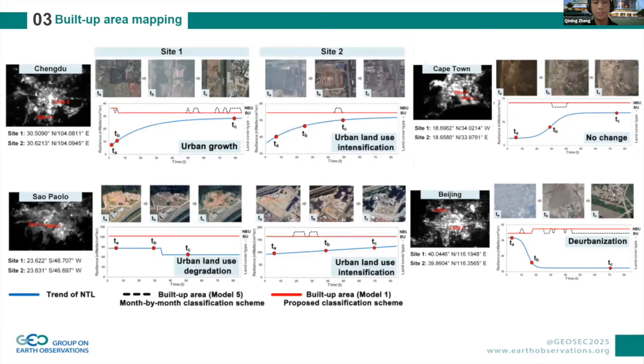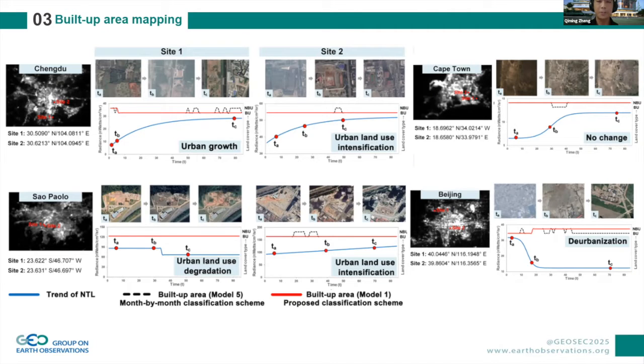So here I present a close inspection of the results. Let's look at the upper middle panel. This is a typical example of urban land use intensification. As we can see from the blue curve, throughout the study period, the nighttime light brightness of this area is increasing.